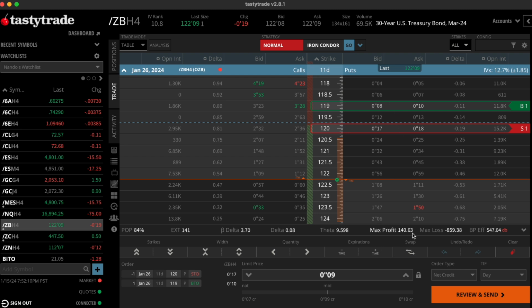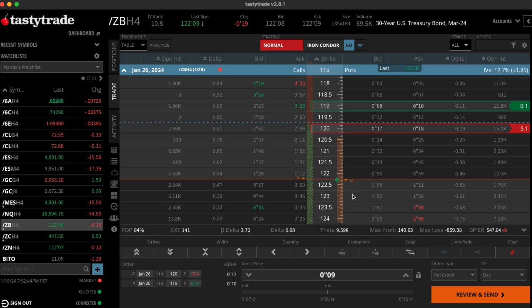The max profit is the credit we received of 140.63, and the max loss would be the width of the strikes, which is 1, times 1,000, minus the credit received of 140.63. So our max loss is 859.38.